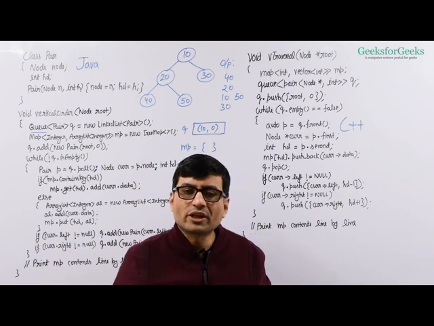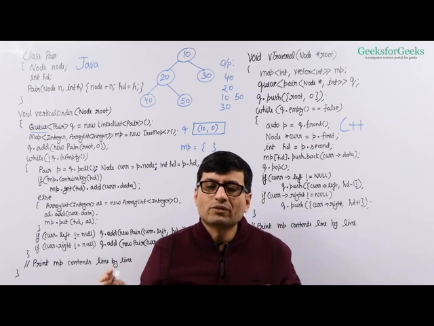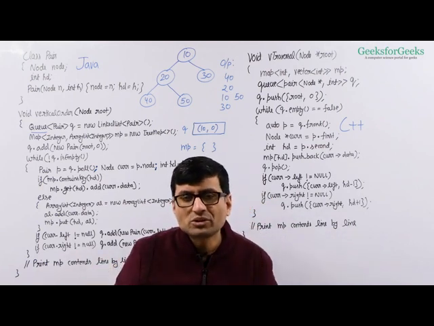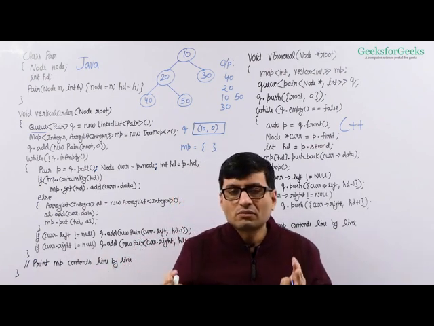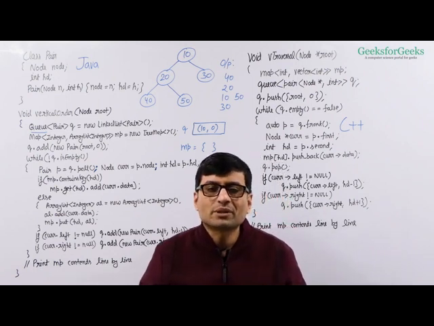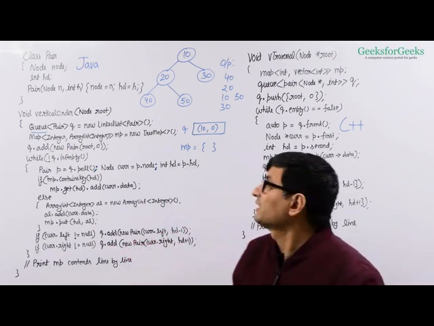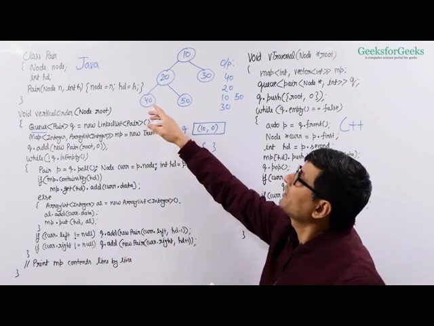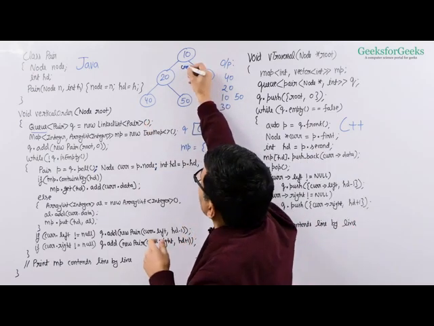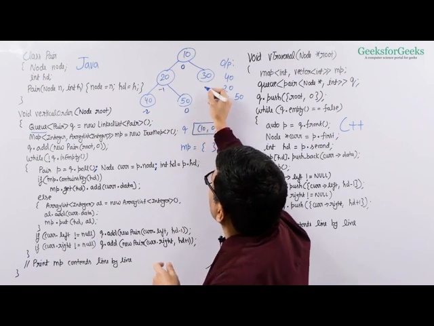The other data structure that we have is the map. In the map, we are storing an array of nodes, or array of values, which are there for a particular horizontal distance. So basically our map is the final desired output. The map is sorted, and in this case these are the horizontal distances: 0, -1, -2, and then you have 0 and 1.